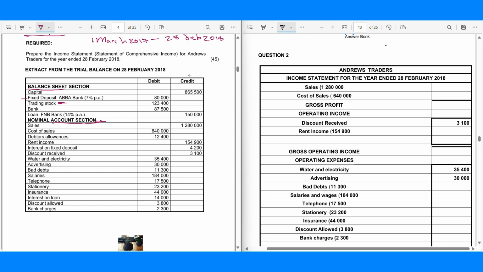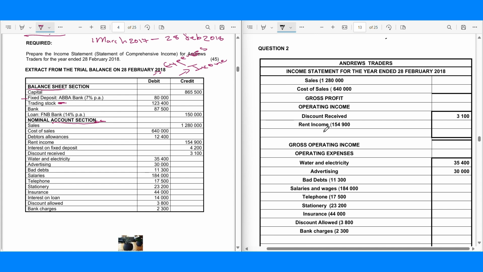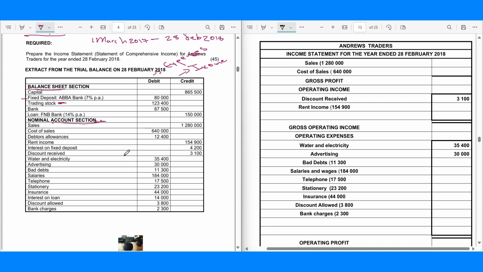I told you guys this: the credit side means income, the debit side is for the expenses. So it is very crucial to know this.